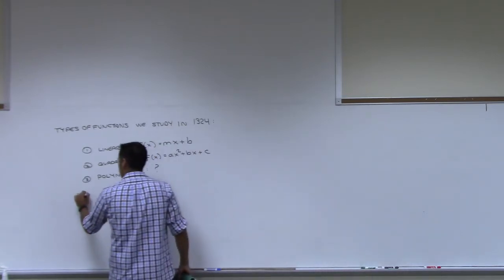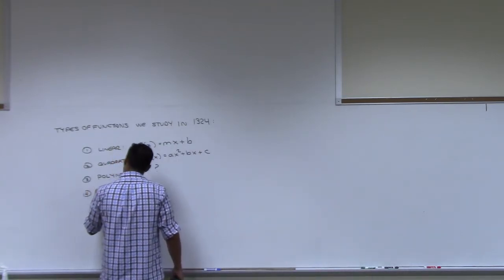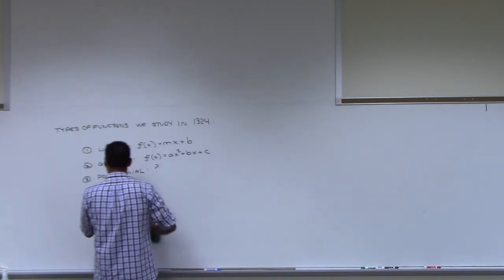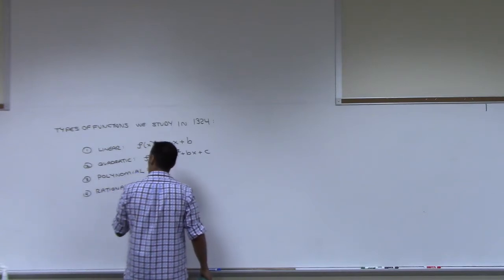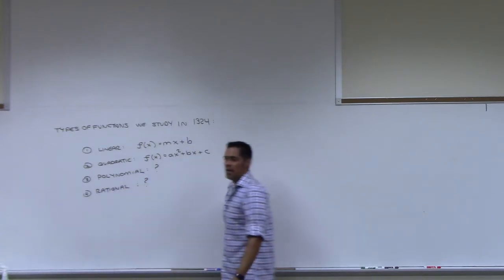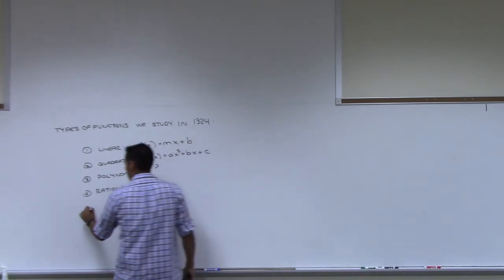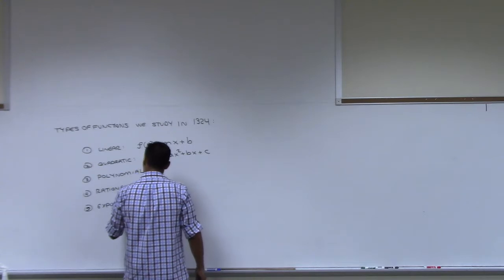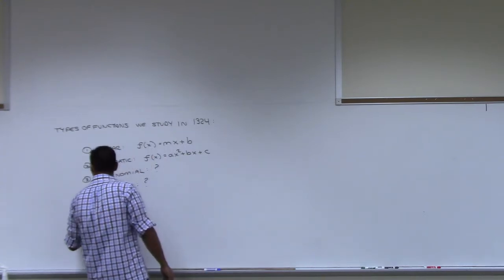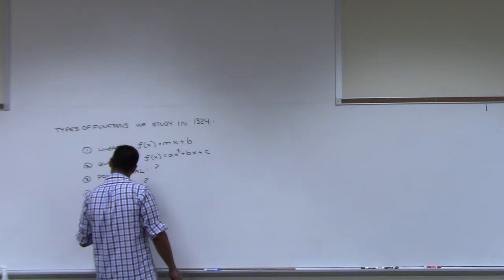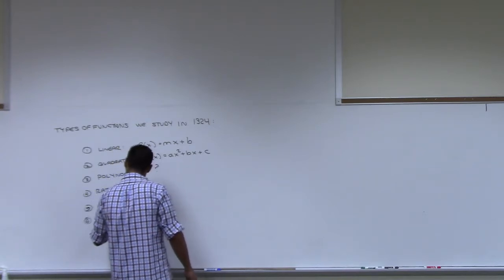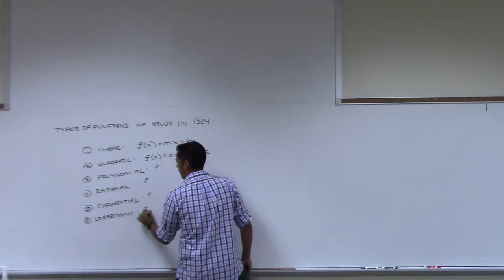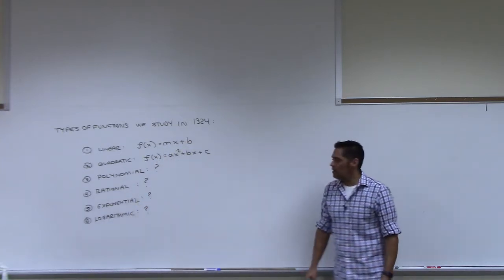After that, rational functions. We'll talk about that. After that, there's exponential functions. And then finally, logarithmic. All right, so we have knocked out 2 of the 6.